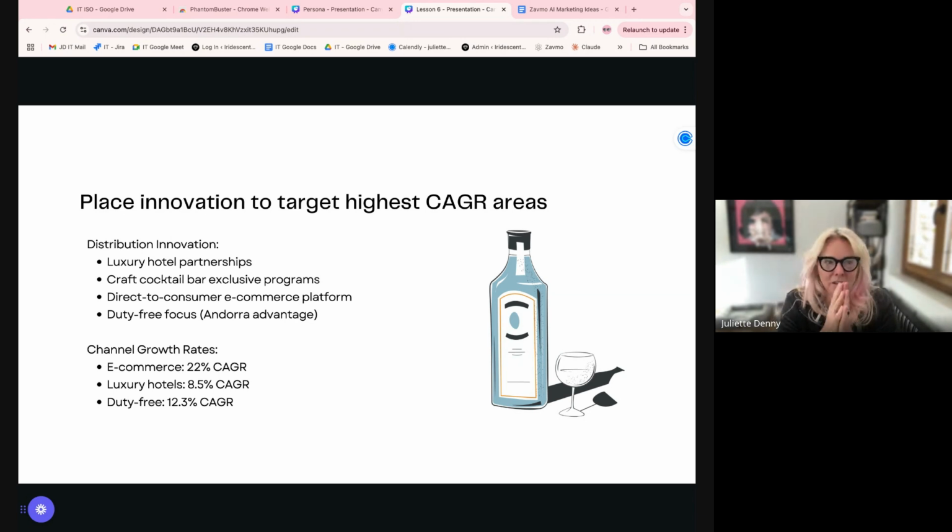And what it will tell you is the places for the highest growth rates in this market are luxury hotel partnerships, because obviously they're charging more for their gin, the craft cocktail bar experience, direct to consumer, and of course the fact that Andorra is duty free. That may or may not be something that you could link in with local hotels in Andorra, so when tourists come in they can get their gin duty free.